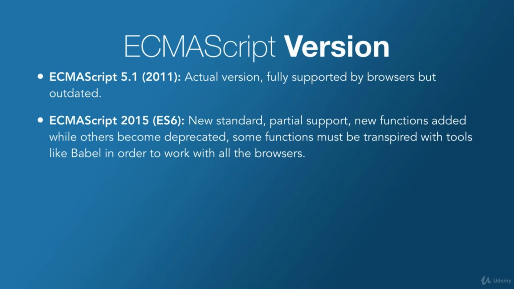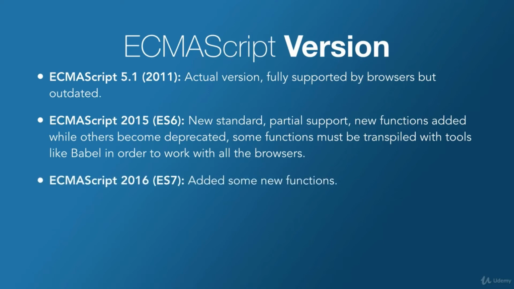This is the newest standard, with partial support by the browsers. New functions were added, while others became deprecated. Some functions must be transpiled with tools like Babel in order to work with all the browsers. So this is going to be like compiling to an older version of JavaScript.